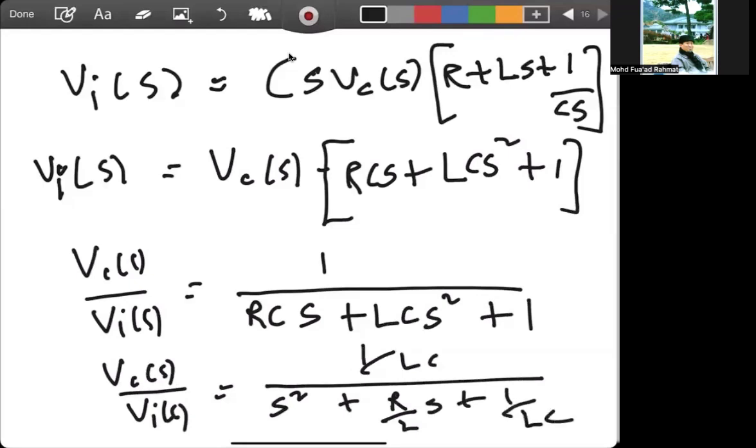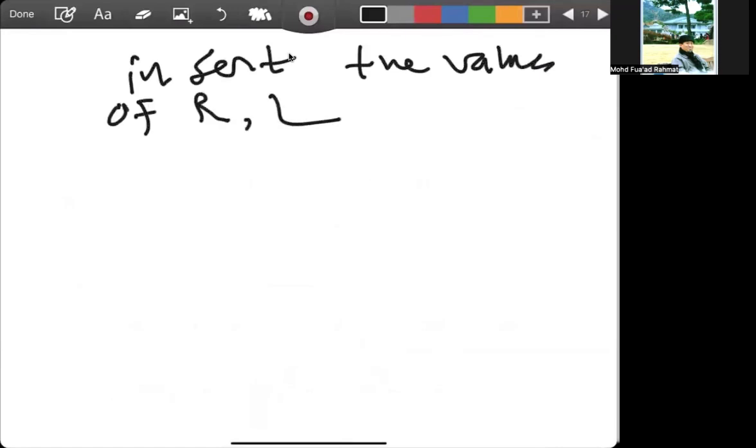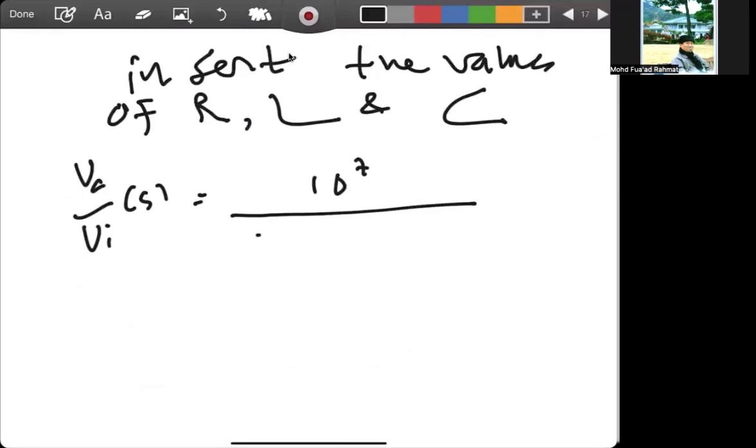Okay, so you insert all the values. This is the transfer function VC over VI.